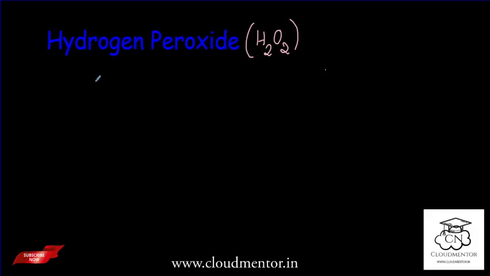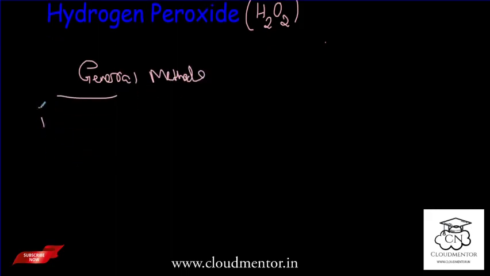So here we need to study general methods of preparation. The first method is by the action of dilute HCl on anhydrous barium dioxide.